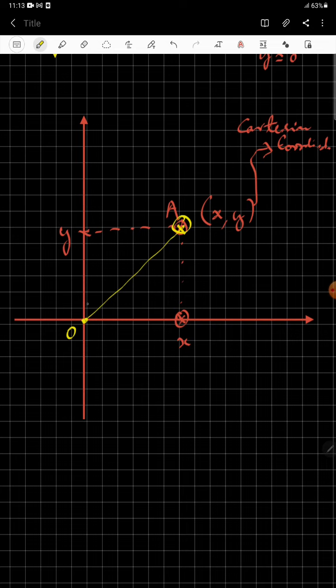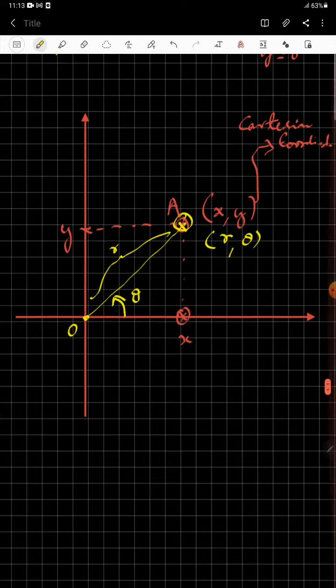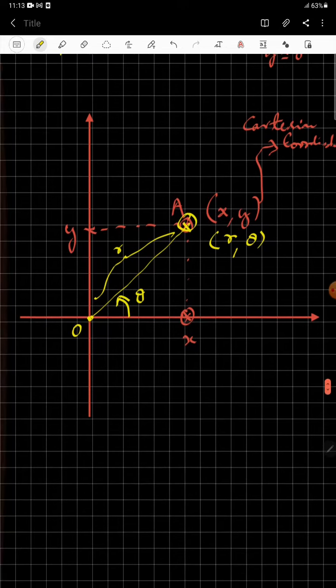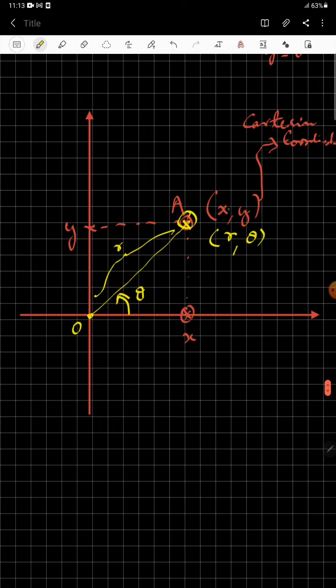Now I measure this distance, this distance is r, suppose, and the angle made in radians is theta. Then that same point can be represented as r comma theta. So the point can be represented as x comma y in Cartesian coordinates. The same point can be represented as r comma theta in polar coordinates. So r comma theta are called the polar coordinates of this same point A.